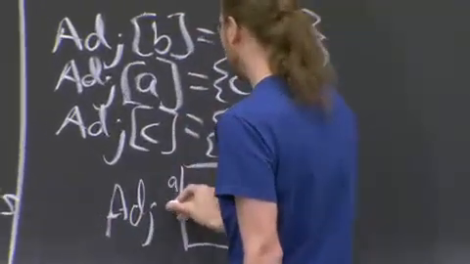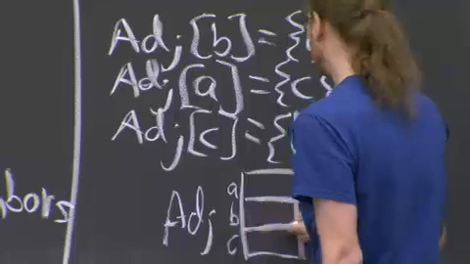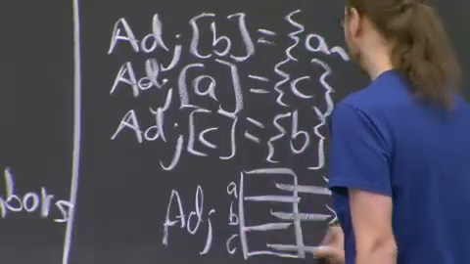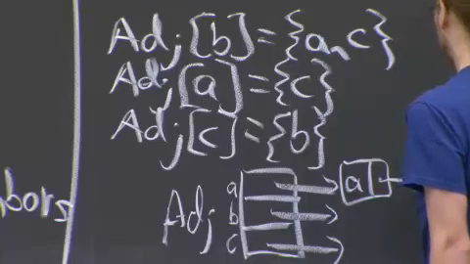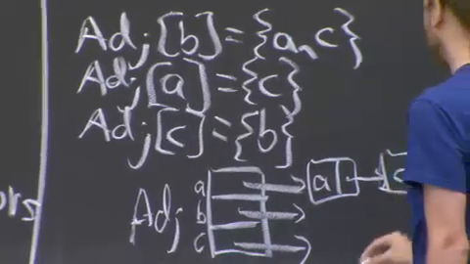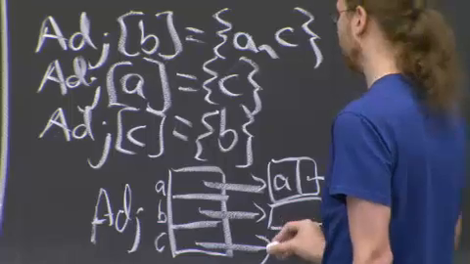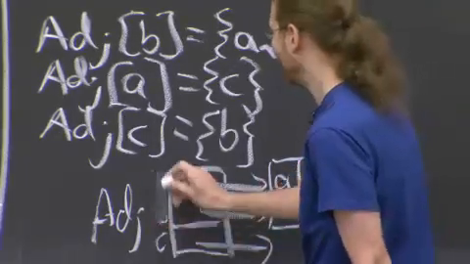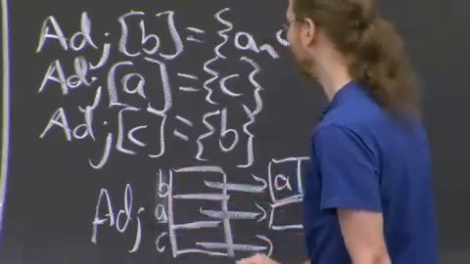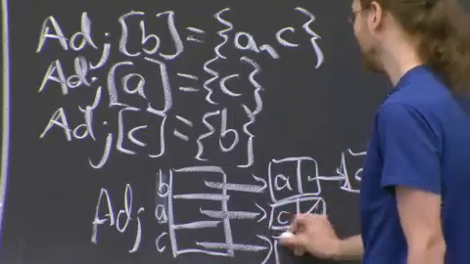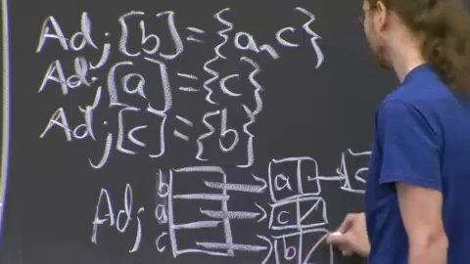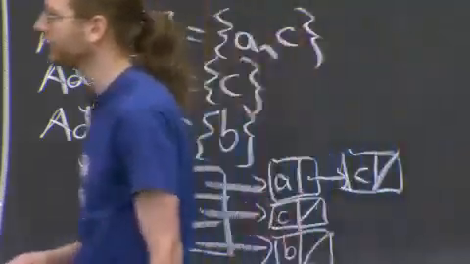So you've got A, B, and C. Each one of them is a pointer to a linked list. A is a pointer to C. B, who said it had to be alphabetical order? C is a pointer to B. OK, that's explicitly how you might represent it.